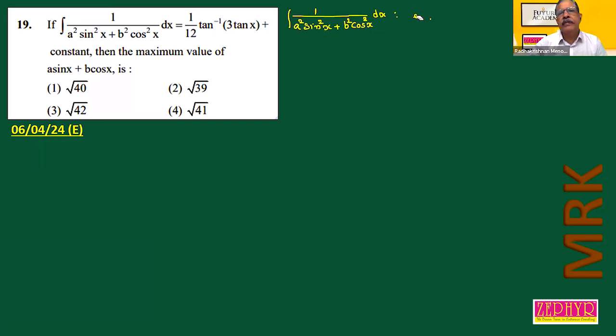That's the method. Divide numerator and denominator by cos squared x.